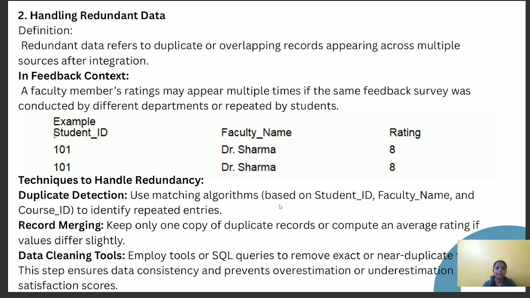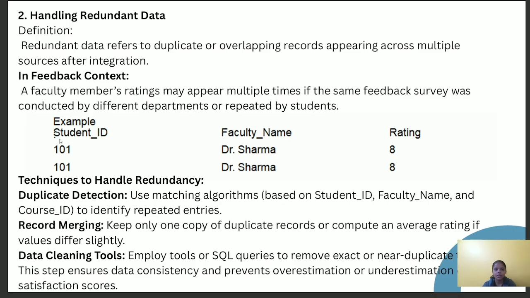Second, handling redundant data. Definition: redundant data refers to duplicate or overlapping records appearing across multiple sources after integration. For example, in the feedback context, a faculty member's ratings may appear multiple times if the same feedback survey was conducted by different departments or repeated by a student.